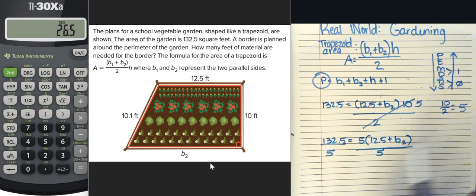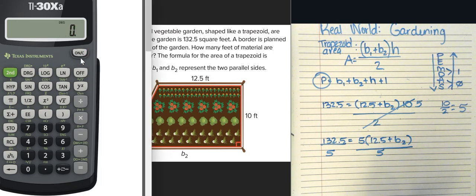When you do that, remember, if you're multiplying or dividing, you need your result to be equal to 1. So we have 132.5 divided by 5, which is equal to 26.5.